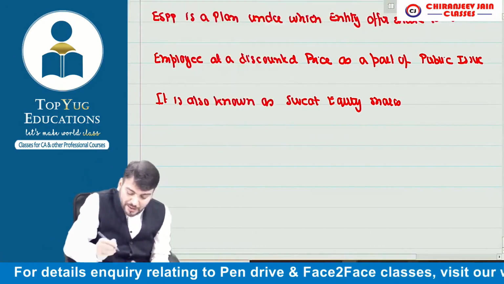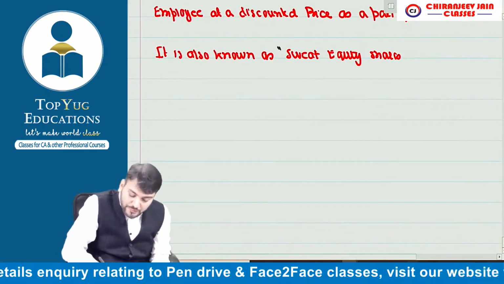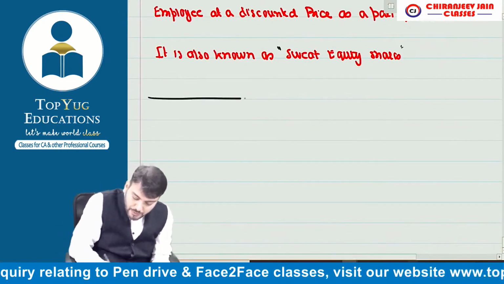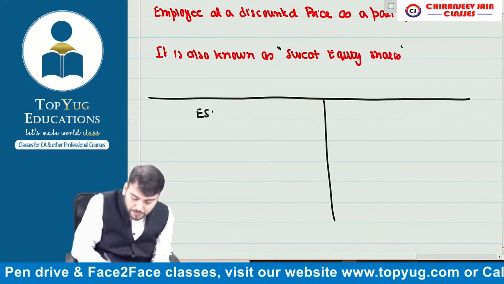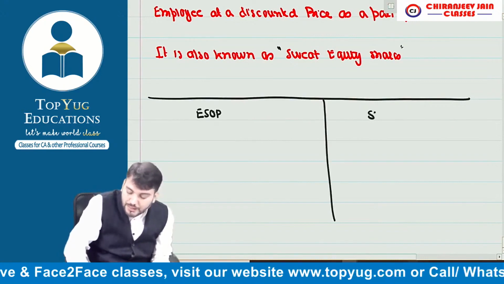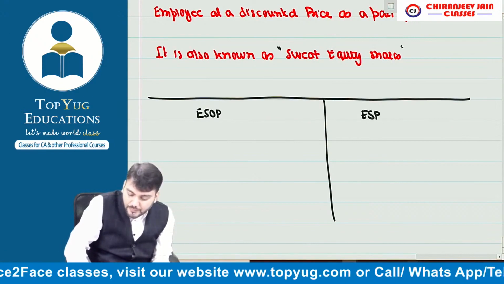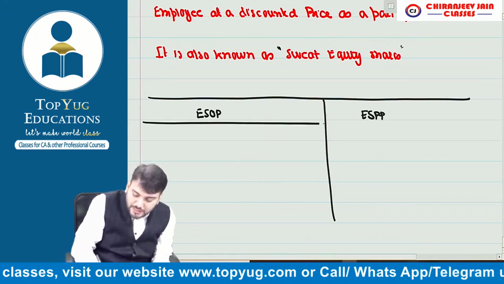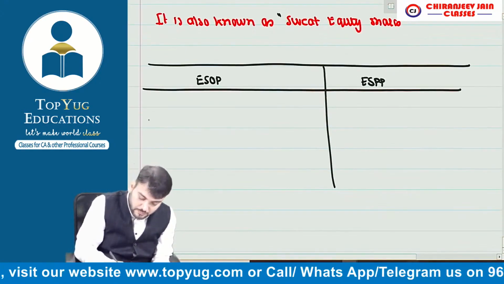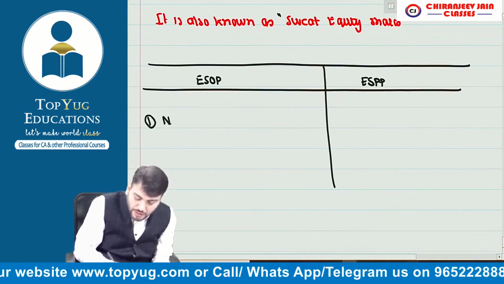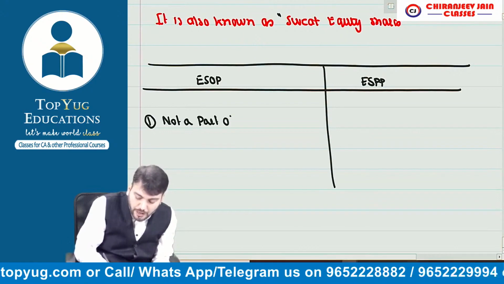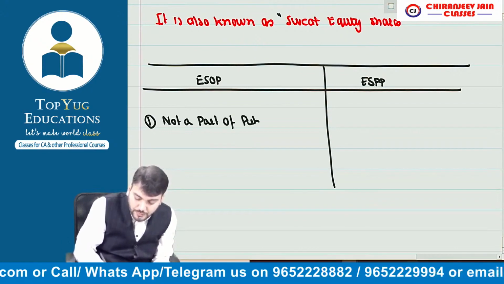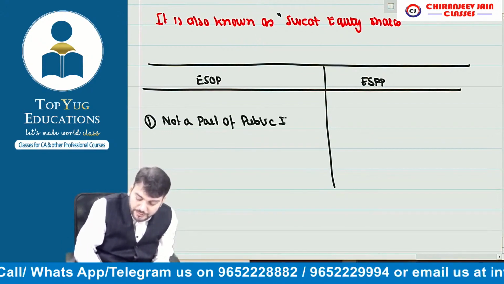Means actually what is the difference? If I say from accounting point of view, if you check ESOP and ESPP, can I say ESOP is not a part of public issue. Correct?